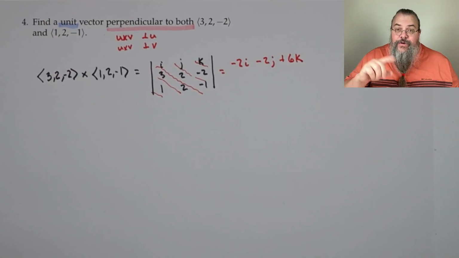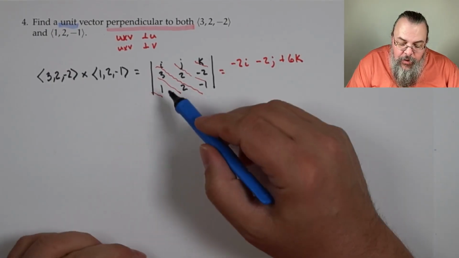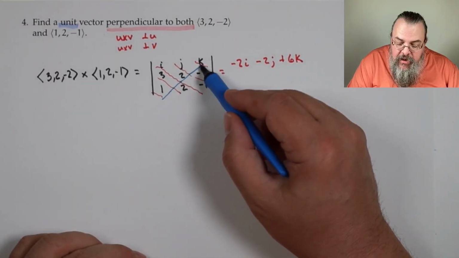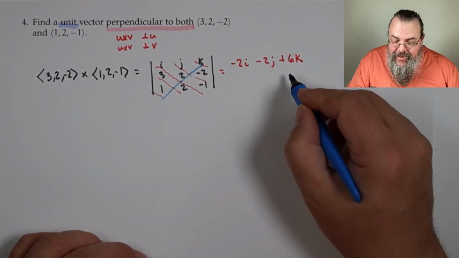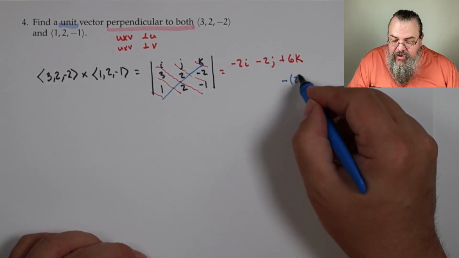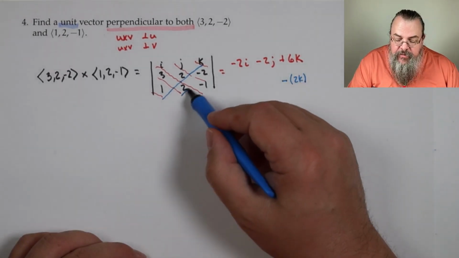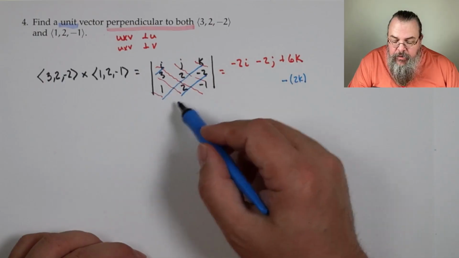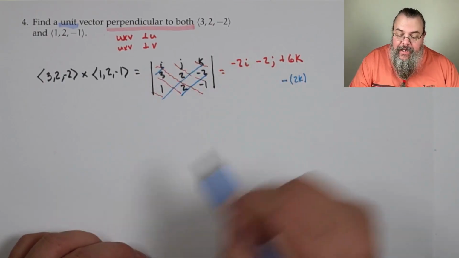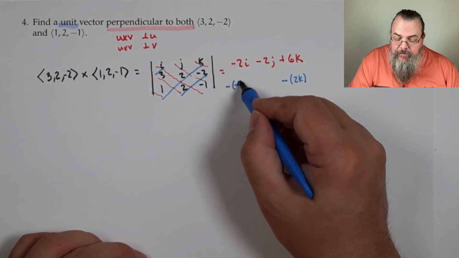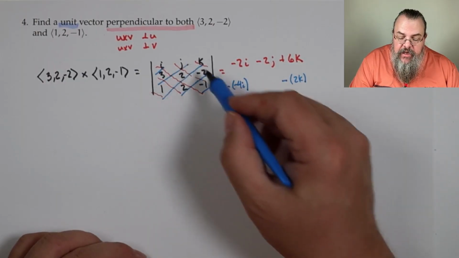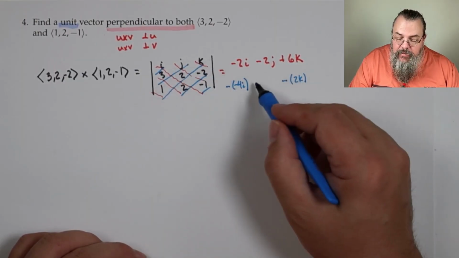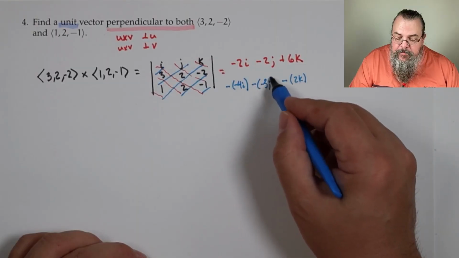Now we need to do the ups. Okay, so 1 times 2 times K, that's 2K, but we need to subtract. Okay, so subtract 2K. 2 times minus 2 times I, because we do our wraparound, minus 4I, but we're going to subtract that. And minus 1 times 3 times J. That's minus 3J, but again, we're subtracting.